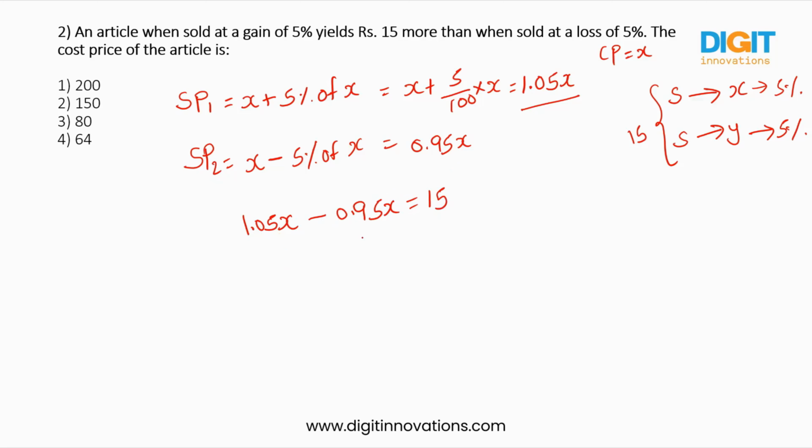That's what I have written here. Here you will get 0.10x equal to 15. So x equals 15 by 0.10. I'm removing the decimal values, so it is 150. So the cost price is 150. So the answer is option 2.